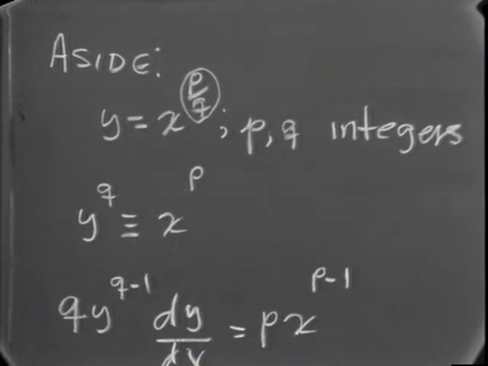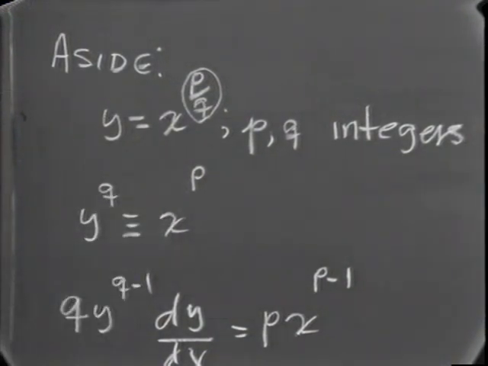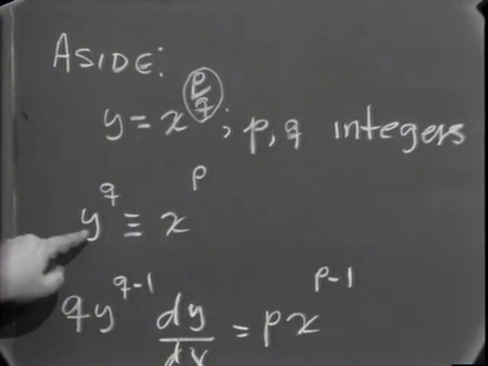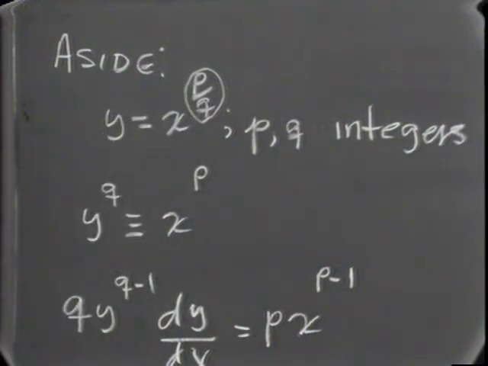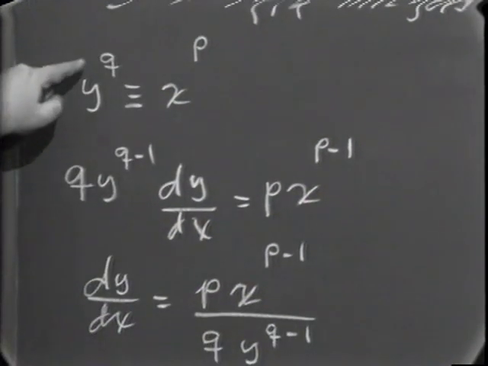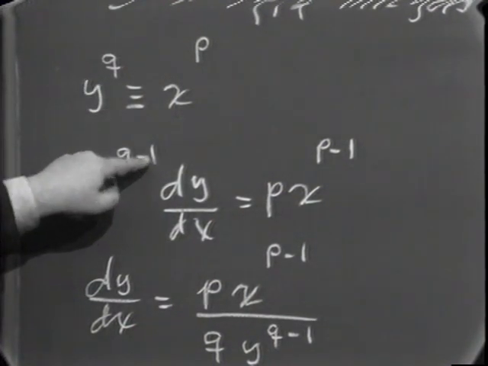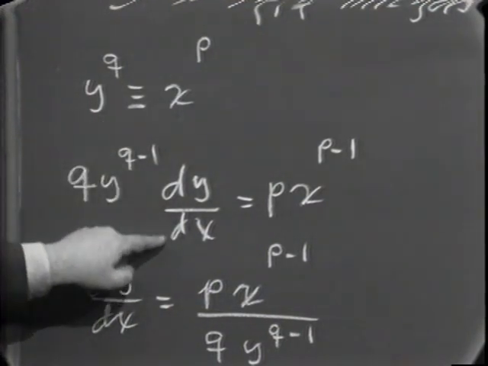Now, we know how to differentiate powers of x or y if the power happens to be an integer. So by implicit differentiation, assuming that this is now an identity, which it is if y equals x to the p over q, if we differentiate both sides with respect to x, the derivative of the left-hand side is qy to the q minus 1 times the derivative of y with respect to x. That is, we're differentiating with respect to x.